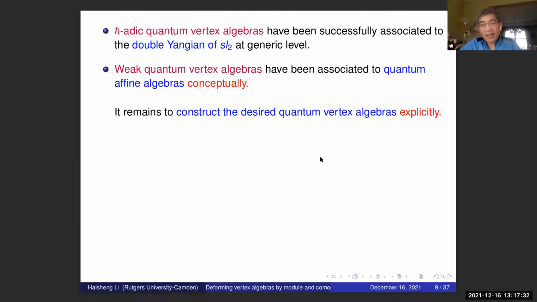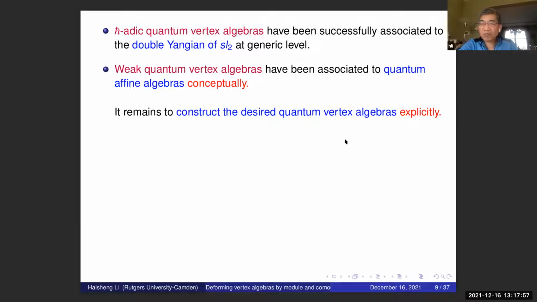But for that part, actually, we had an issue. So usually, whenever you have Lie algebra, something is a little bit easier. We could use universal enveloping algebra, something we know already. But in general, in this case, conceptually, we get some quantum vertex algebra, but it's hard to describe it.